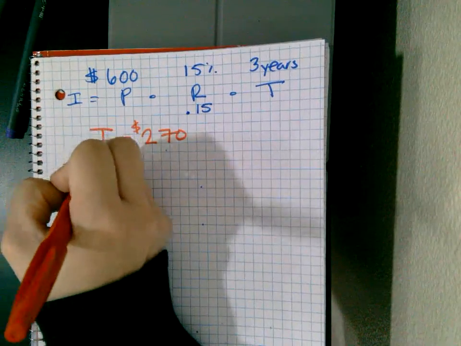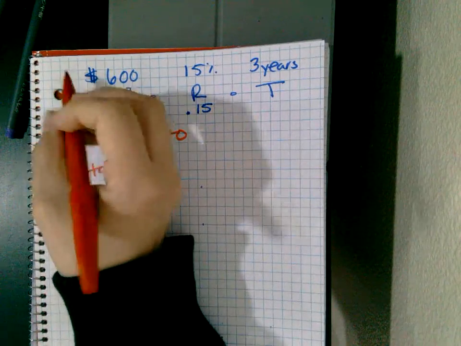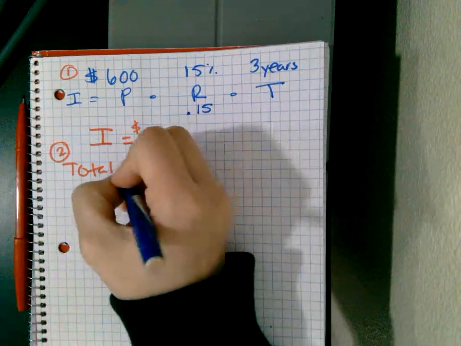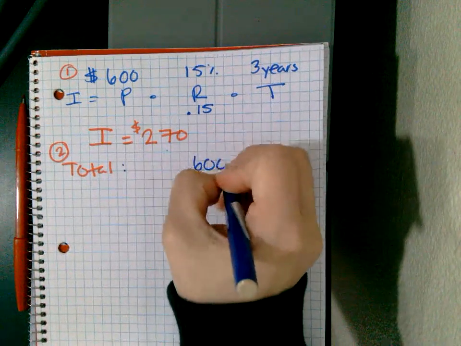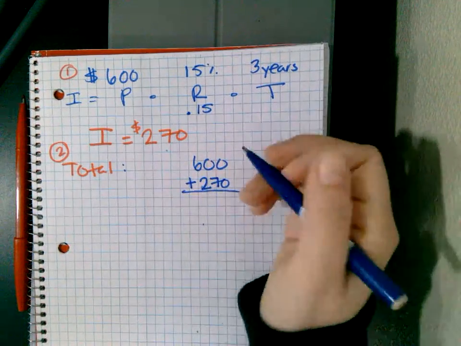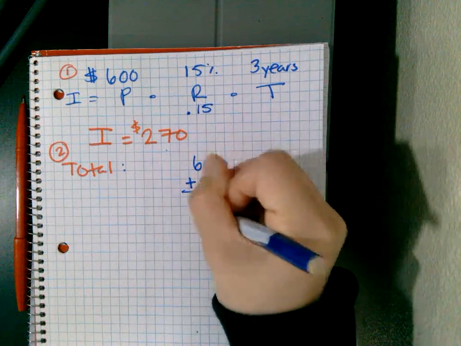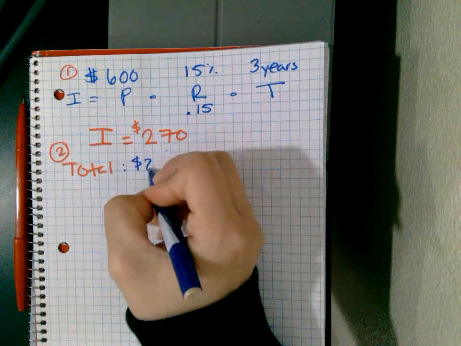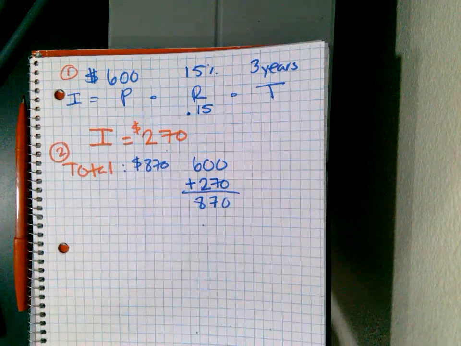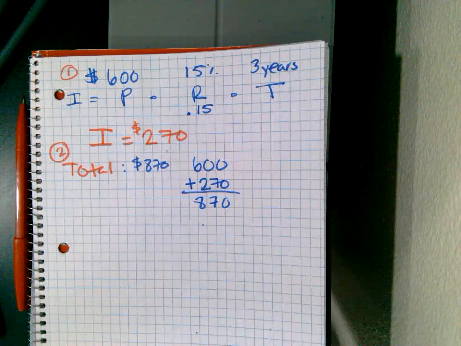Now to find your total, this is your first step, and this is your second step. To do the second step, you take how much you borrowed and add it to $270. So we add this up: 870. This is the total that you have to pay. Because when you borrow money, you still have to pay back what you borrowed.